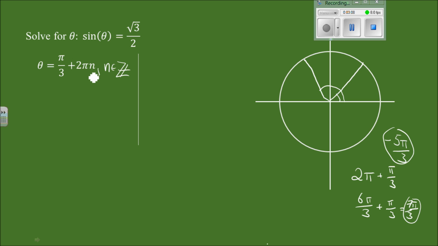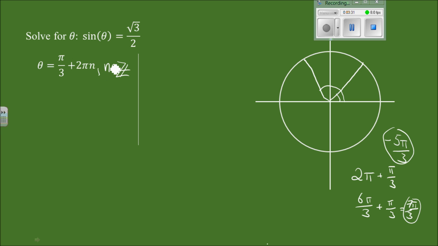If n is 1, then you get 7 pi by 3. If n is negative 1, then you get negative 5 pi by 3, and so on. So you could add 4 pi, which would be if n is equal to 2, and then you'd get, let's see, 13 pi by 3, and so on.